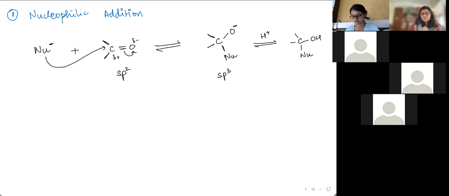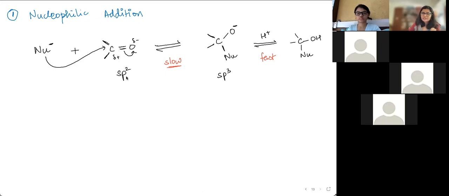Okay. So this is the slow step. This is the deciding factor of the reaction. If this one is stable, if you push this reaction to form this, then this is the fast step. Matlab reaction khatam ho gaya, then consider it done. So this is the rate determining step.